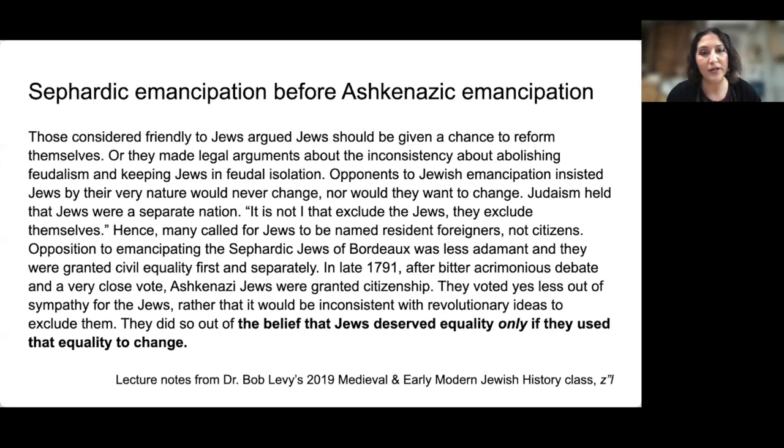It's really important to note that it's not just Jews who were calling for Jews to stop separating themselves, stop acting so Jewish, but that it was a big pressure from the broader culture: if you really want to integrate with us, you should stop being so Jewish.